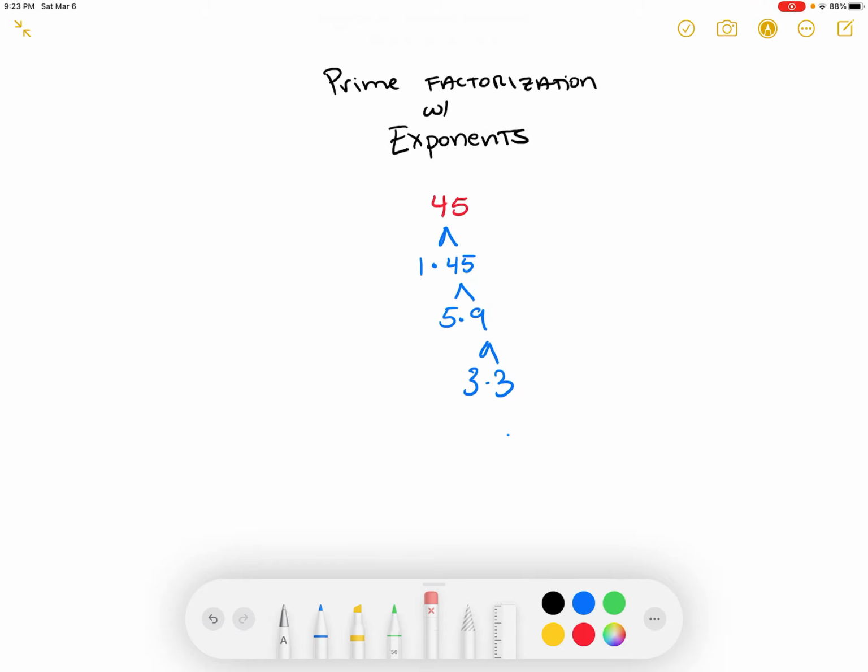So I could say the prime factors of 45 are 1, 5, 3, and 3. Now I see I have a double number here, right? So if I wrote it out, it would look like 1 times 5 times 3 times 3.